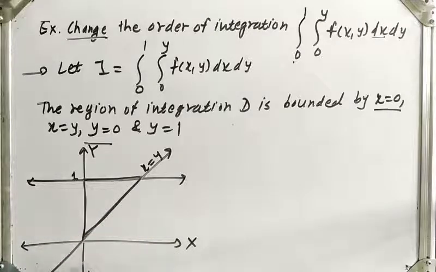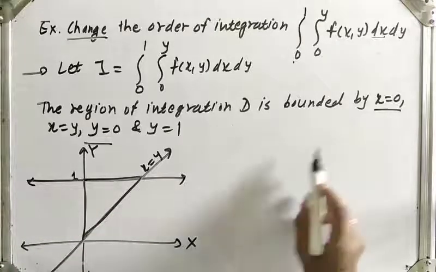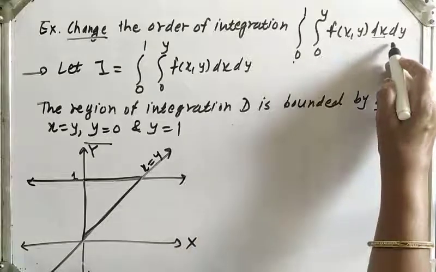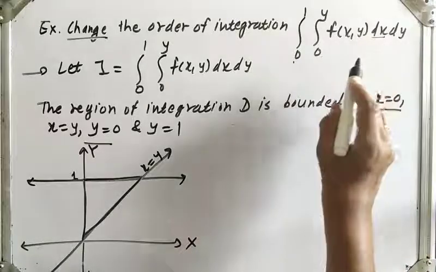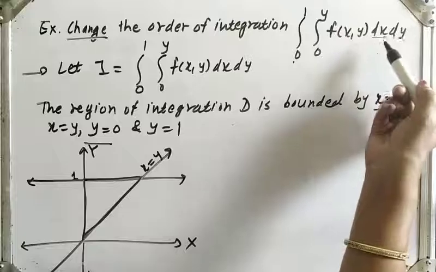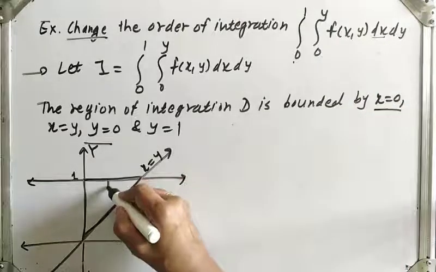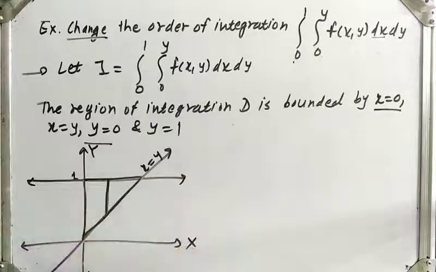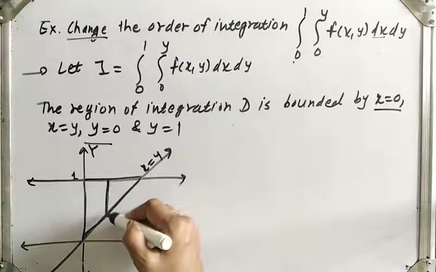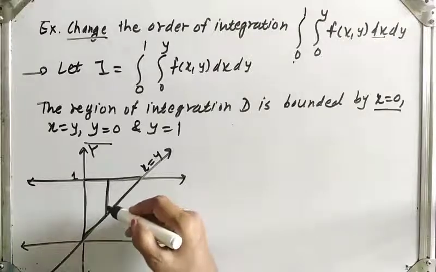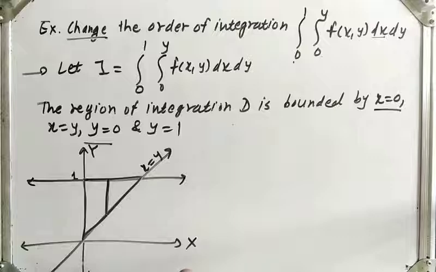Now we have to change the order of integration. Here dx is first, so we have to take dy first. For taking dy first, we need to take the strip parallel to the y axis. Then only can we change the order of integration. What are the points of intersection? Here is 0, 0.